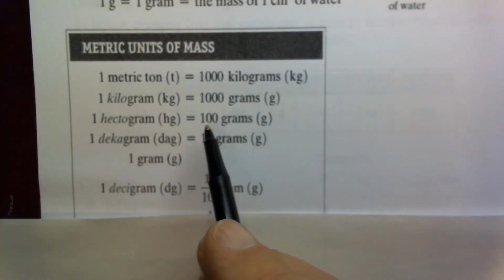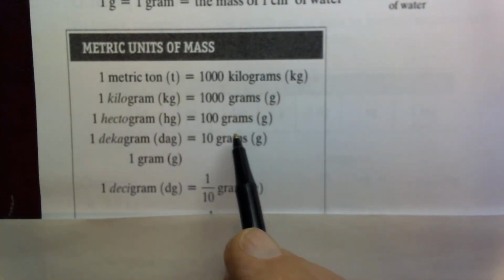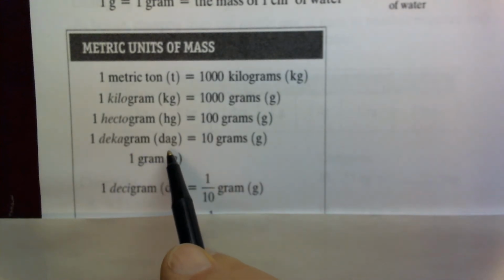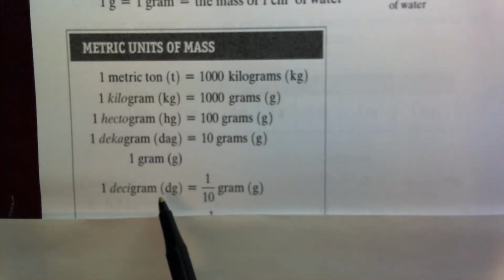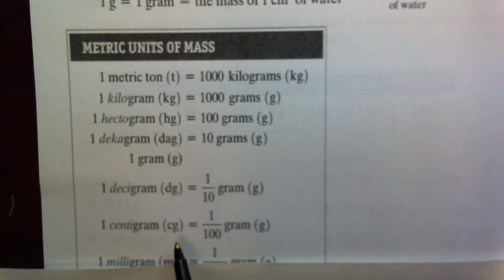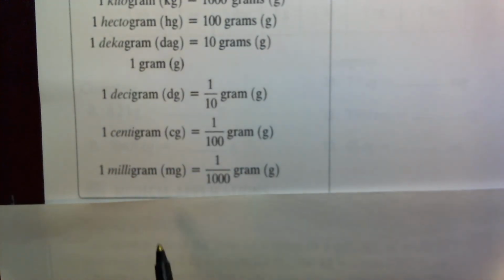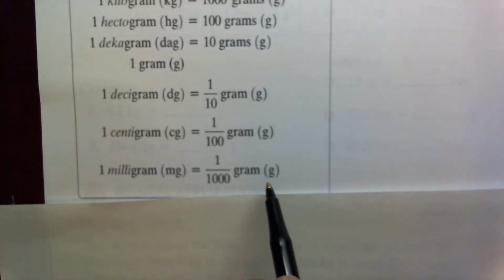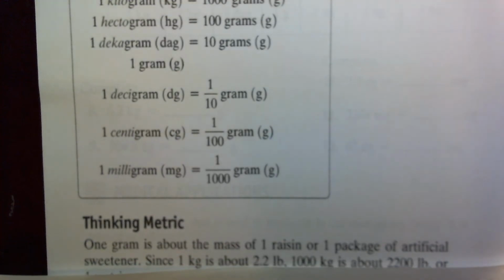Remember, kilo means thousand. 1 hectogram, hg, equals 100 grams. 1 decagram, dag, is equal to 10 grams. 1 decigram, dg, is 1/10 of a gram. 1 centigram is 1/100th of a gram. And 1 milligram is 1/1000th of a gram. We'll be using these numbers for doing some conversions here.